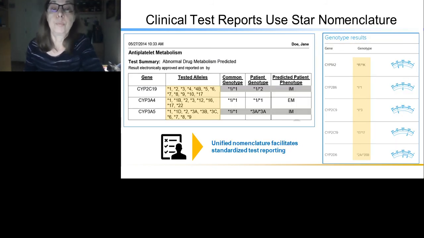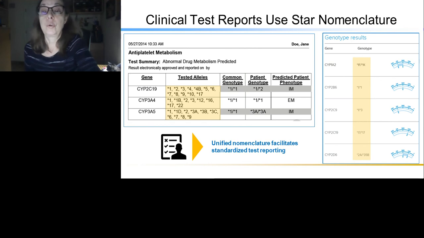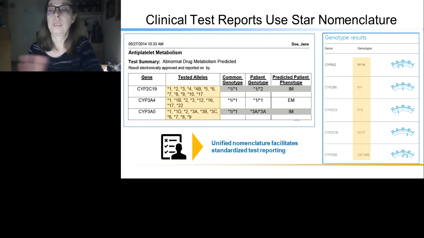Then clinical test reports use star nomenclature. These two examples are very generic examples of reports you might see, and tests might report star alleles in table form, or as you can see here on the right side, also list the genotype and then give you a little range of where the phenotype might be.